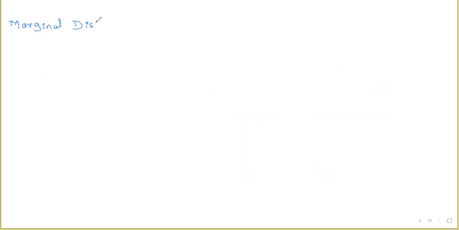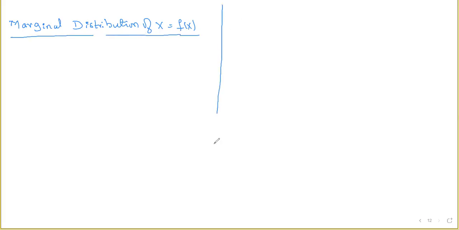So first, marginal distribution of x is nothing but f of x, right? So then how to find out this marginal distribution for continuous case? I told you in our regular offline class, marginal distribution of x is nothing but summation over the range space of y for discrete case.